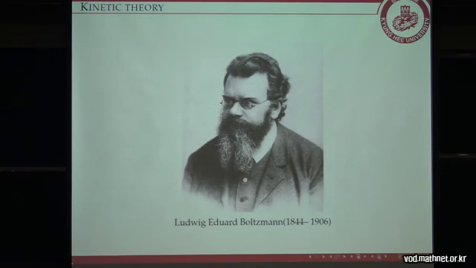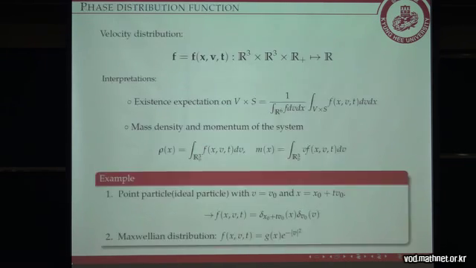I think it was a new idea, but other scientists of that period attacked his idea, and eventually Boltzmann killed himself. Actually, this is a very sad story. Anyway, Boltzmann thought of this phase distribution.